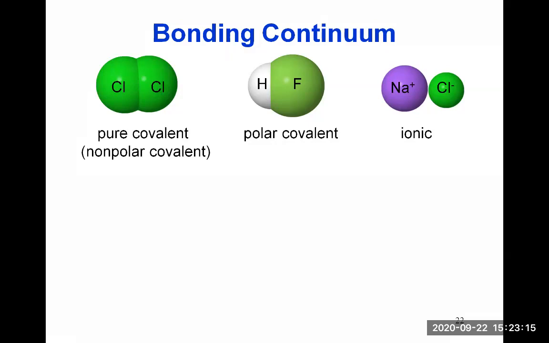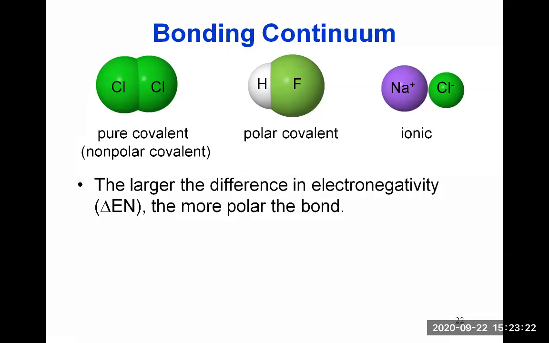So it's a continuum. You have types of bond in between those cases. And so the larger the difference in electronegativity, that's represented by delta EN, the larger the difference, the more polar the bond.